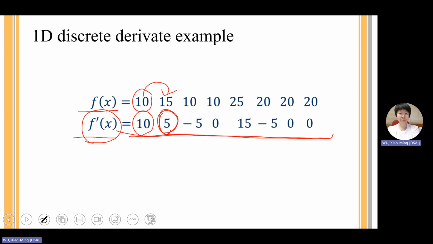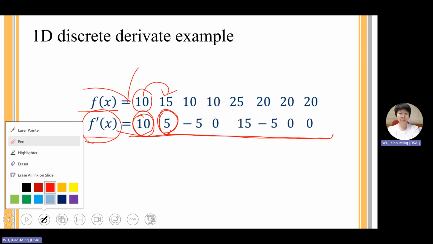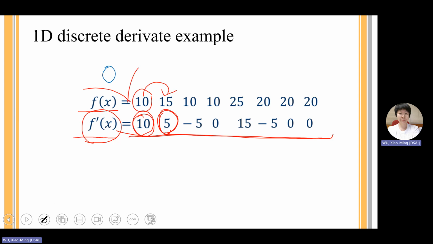And 10 is obtained by, let's pad a 0 to the left of f(x). So 10 is obtained by subtracting 0 from 10.